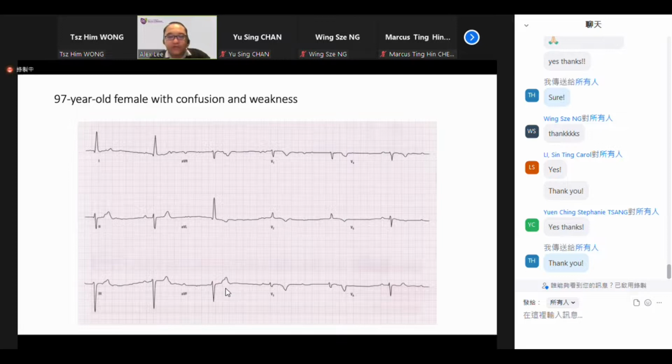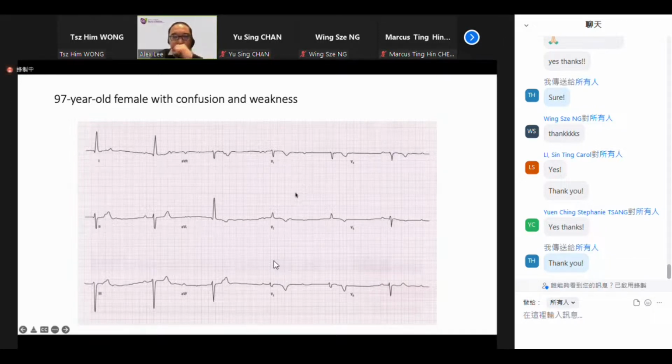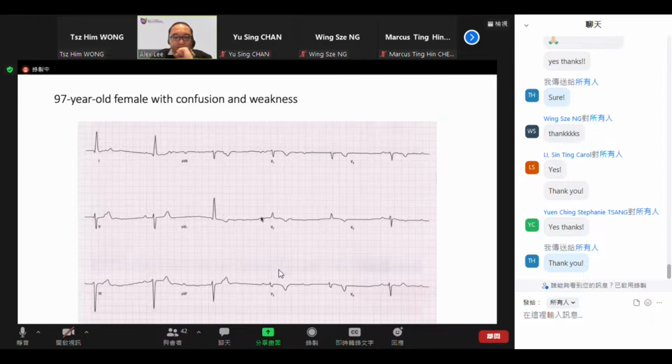I think you picked up the major diagnosis as a third-degree heart block. What do you think is the R wave progression here?